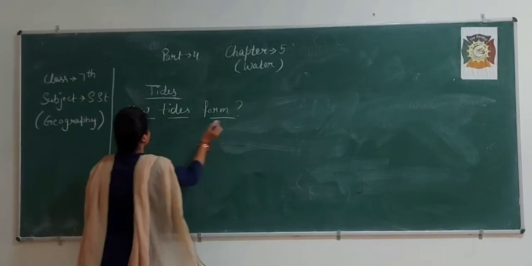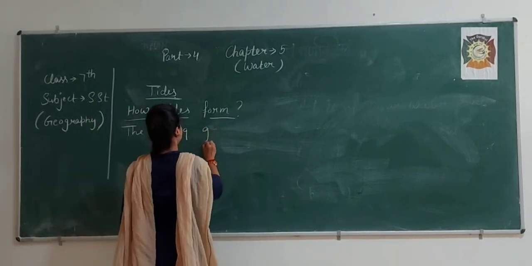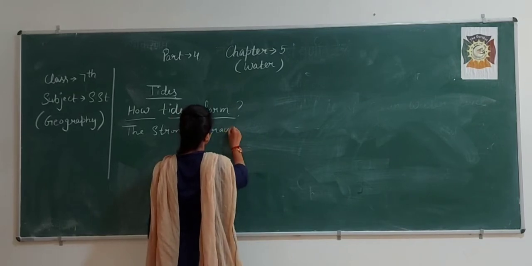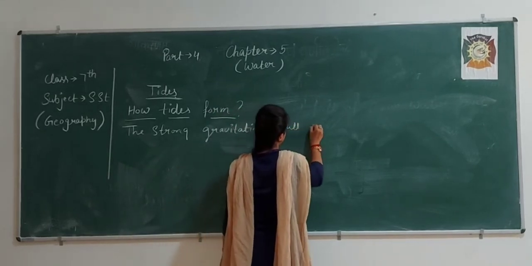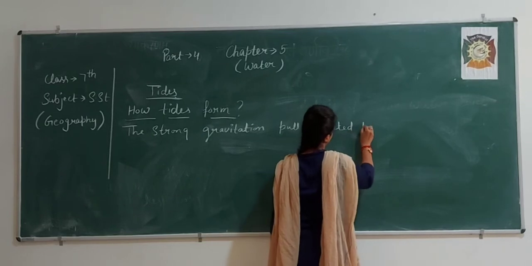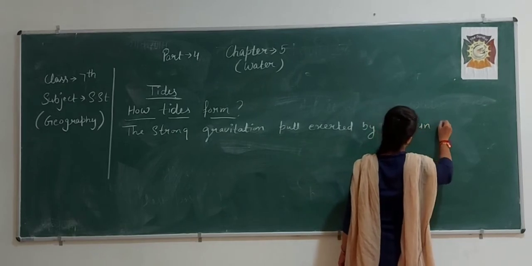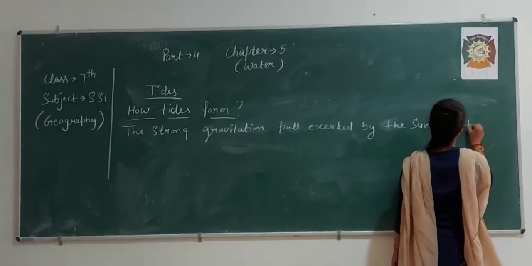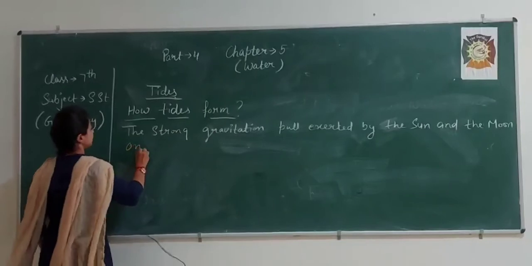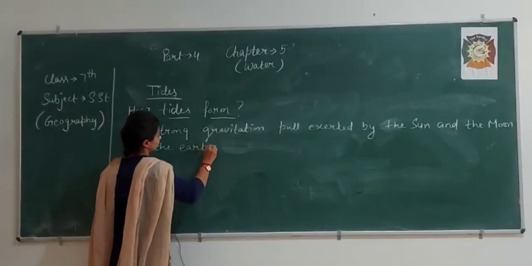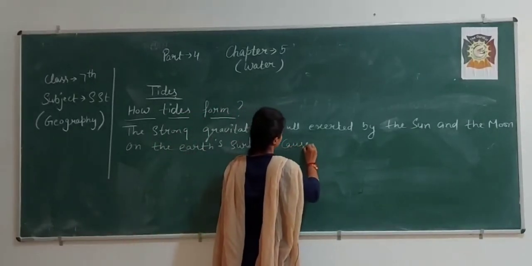The strong gravitational pull exerted by the sun and the moon on the Earth's surface causes tides.